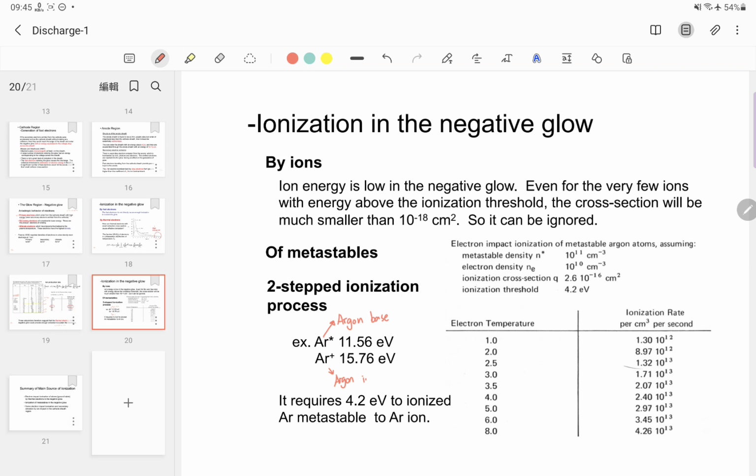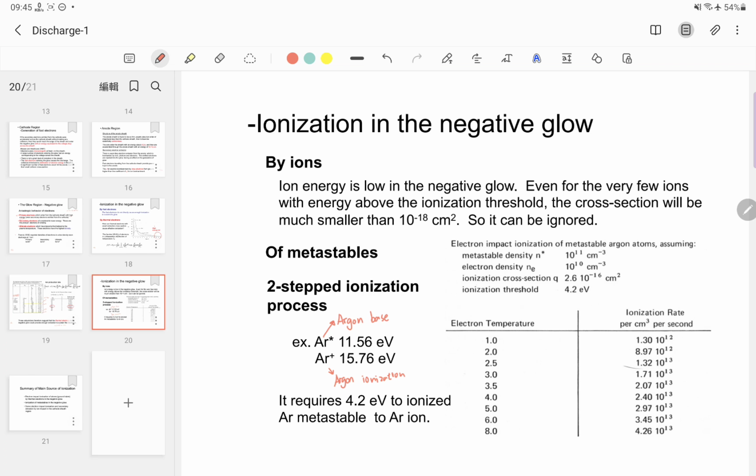If you increase the energy of the species from 11.56 electron volt to 15.76 electron volt, one can ionize metastable species with only about 4.2 electron volt.